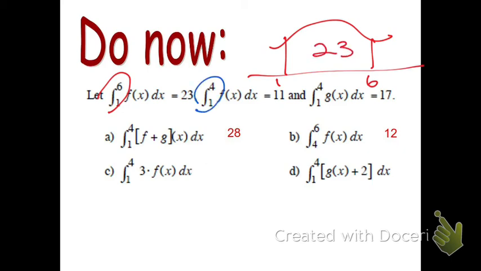From 1 to 4, however, that area is 11. So if it's going to add up to a total of 23, then what does that leave you to go from 4 to 6? So basically it's 23 minus 11, which should have been 12.